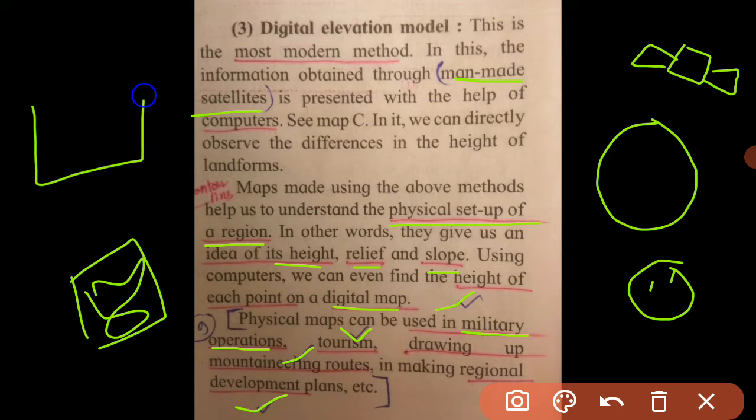Suppose you want to make a plan, at that time you will need a map. Basically, maps are used for various purposes, and some of them are military operations, tourism, drawing up mountaineering routes, and regional development.